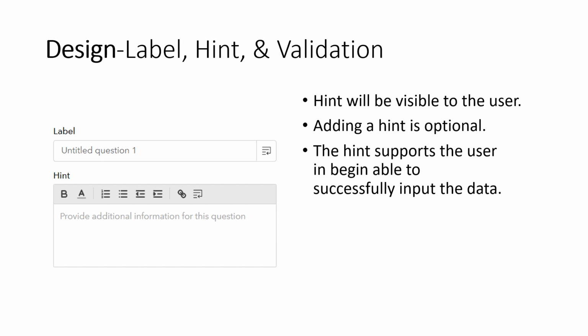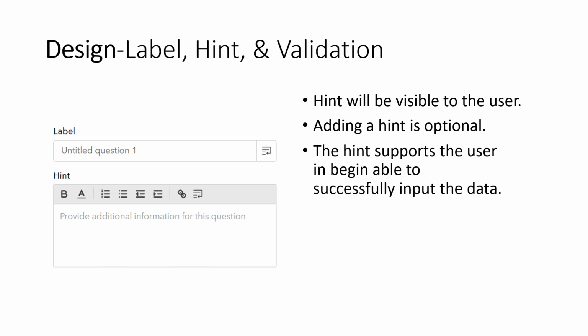The hint is totally optional, but it will be visible to the users if you use it, and it can be very supportive. So think about if the students are not familiar with pH, or they may not have remembered the term. Someone was absent the day you started talking about the pre-lab and now you're on the lab.